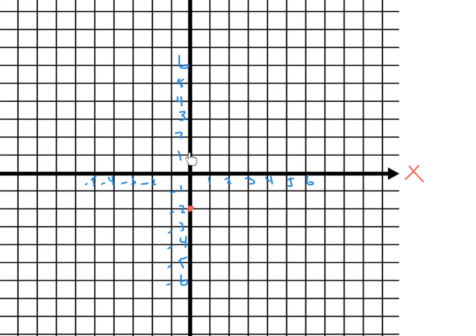And then I need to move 4 units to the right. 1, 2, 3, 4. So where I've stopped, which is located at 4 and 1, that is where I'm going to put my next dot, or my next data point. So I'm going to take my pen and I'm going to put a dot at 4 and 1.